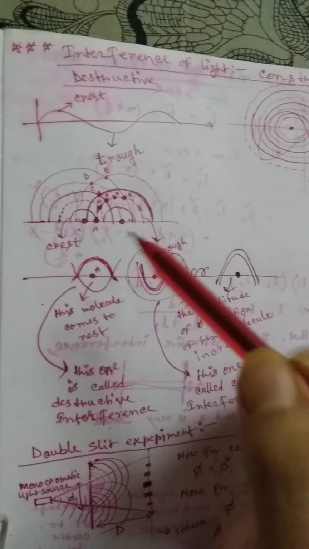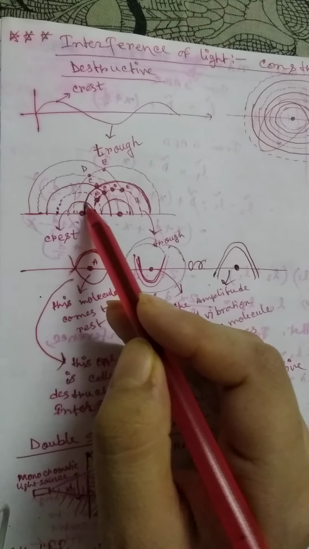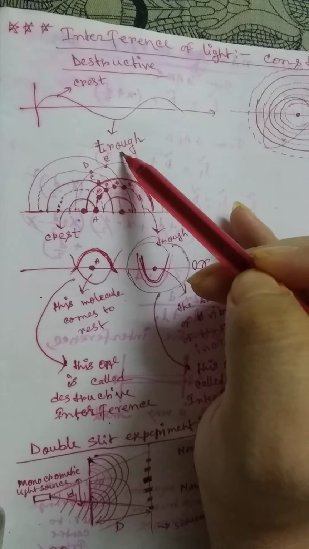Just look at here. Here I am taking this is crest and this is trough.